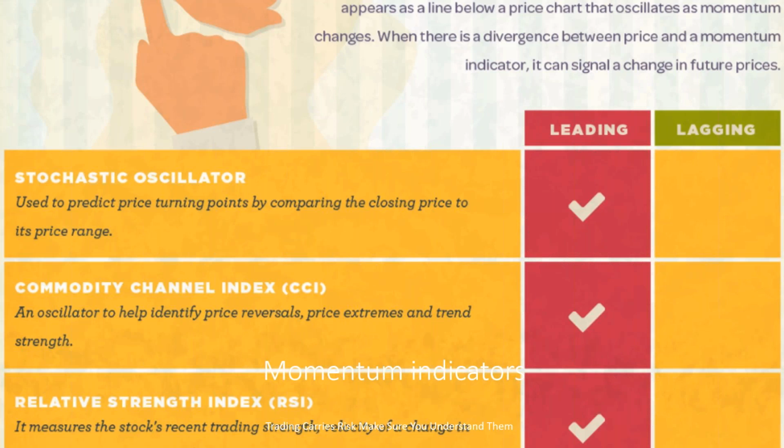Stochastics is used to predict price turning points by comparing the closing price to its closing price range. So it's a leading indicator. CCI is an oscillator to help identify price reversals, price extremes, and trend strength. Again, a leading indicator in the momentum indicator category. RSI, relative strength, measures an asset's recent trading strength, and again is a leading indicator.